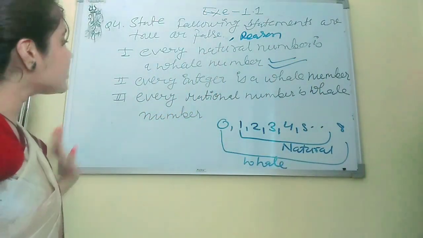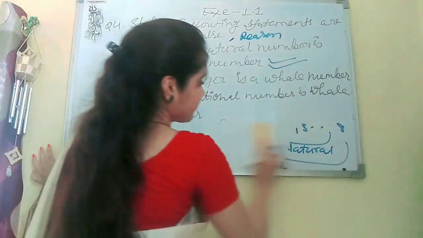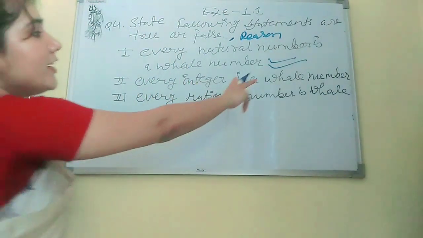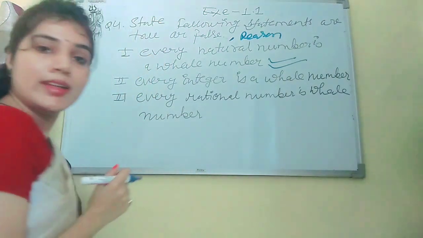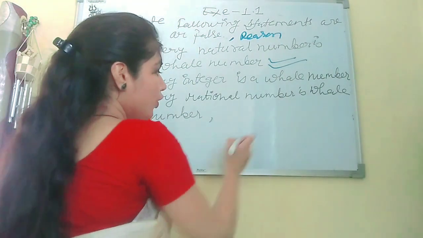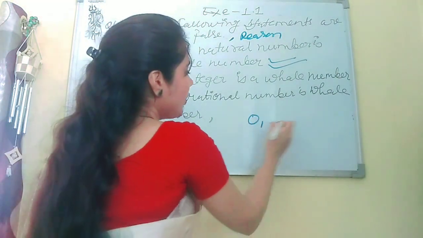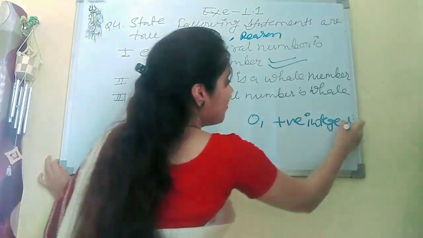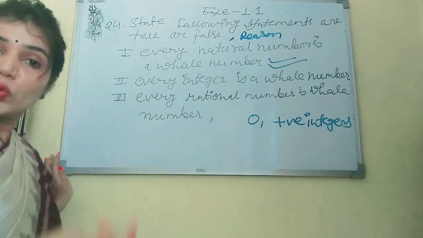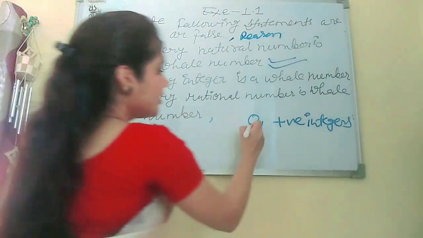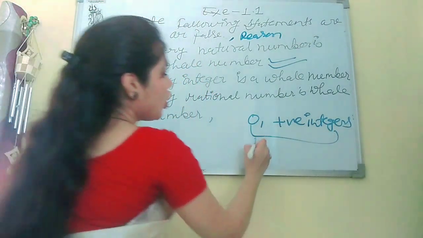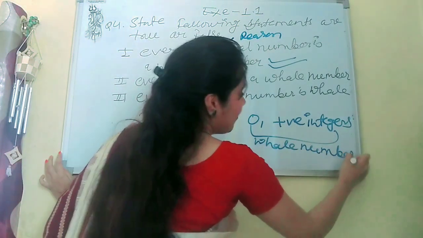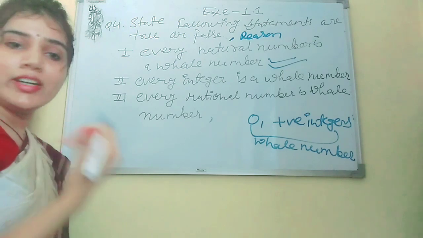Okay. Now the second statement. Every integer is a whole number. Let's see. We know that whole numbers have 0 and all positive integers. But integers have one more type, that is negative integers. This combined is called whole numbers, but it could not combine negative integers.